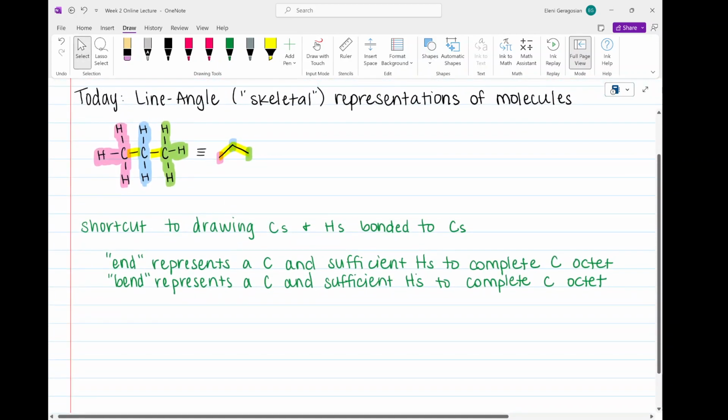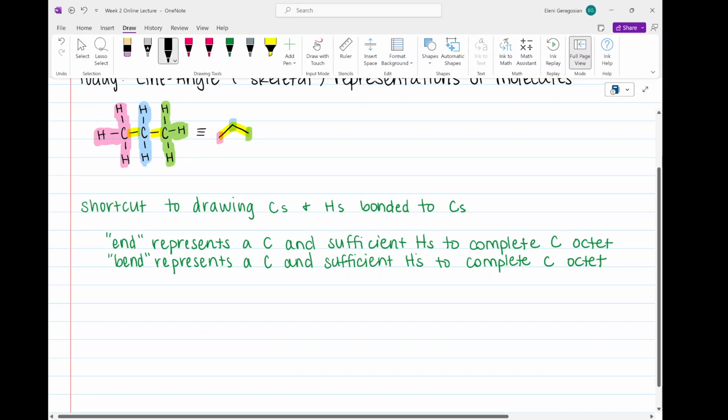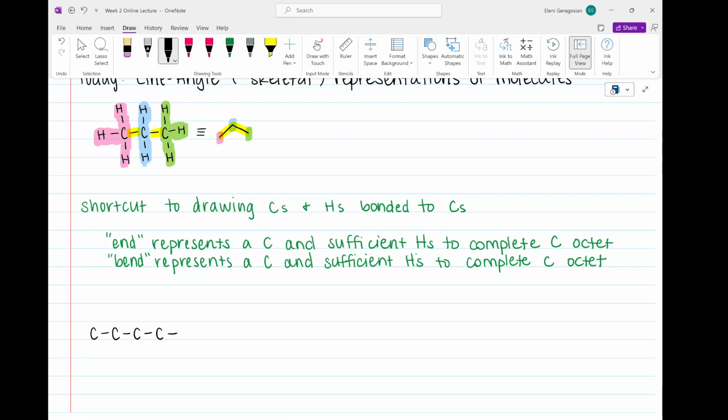This one will be pentane. So pentane has 5 carbons in the chain, and then enough hydrogens to complete each carbon's octet. So CH3, CH2, CH2, CH2, CH3.